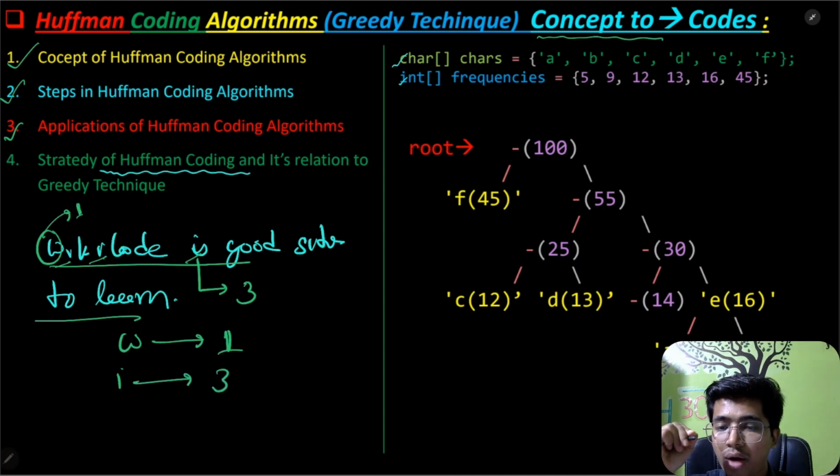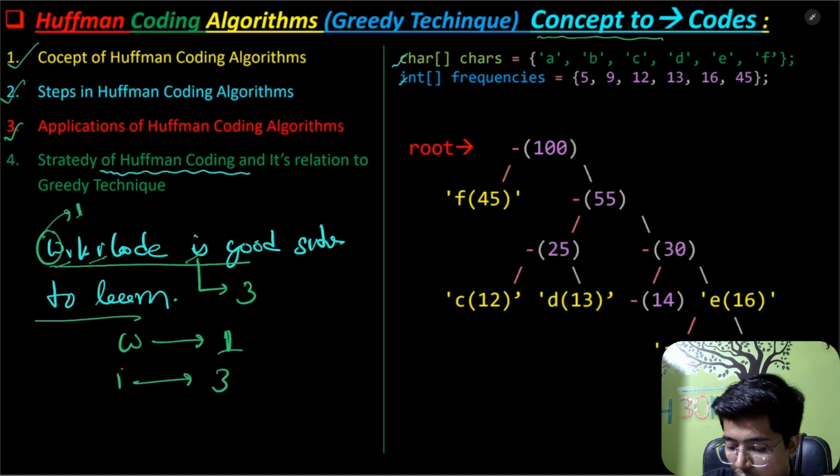So what we try to do in Huffman coding is give the maximum code length to the one which has the least number of occurrences. Now look, this w has the least number of occurrences, 1, so we will give it the maximum code.